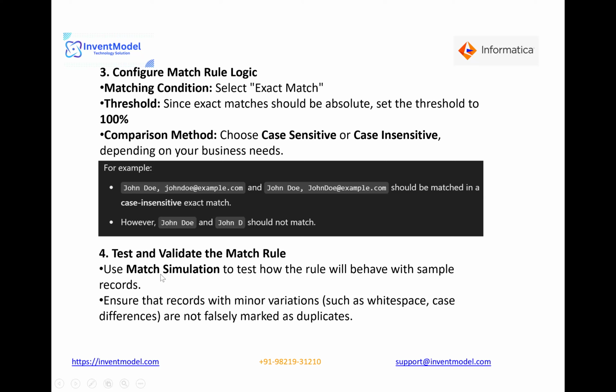So we also have to do some hit and trial, so that white spaces and case differences are not taken as duplicate records, because otherwise the values that we are going to get in exact match would have error records. So the values would not be concise, right?